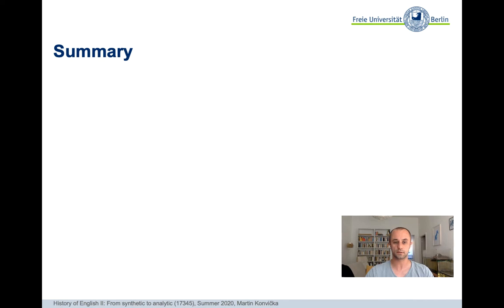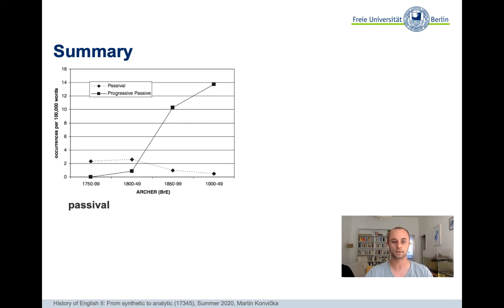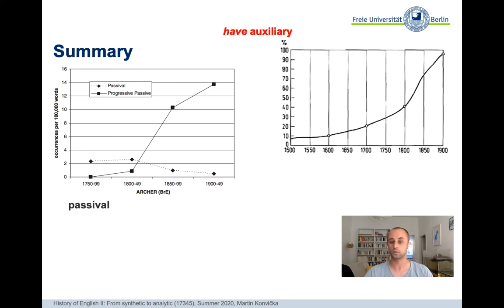So what we see during the late modern English period, among other things, of course, there are also other things happening, but now we're only focusing on these three, is the rise of the passive progressive and the basically total decline of the so-called passival. What we also see is the rise of the auxiliary have in contexts where originally the auxiliary be would be used.